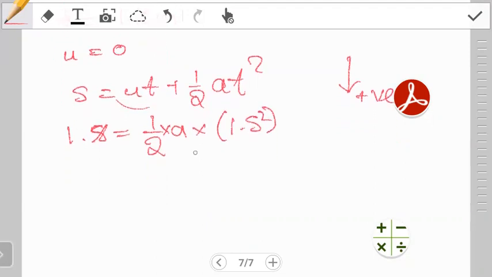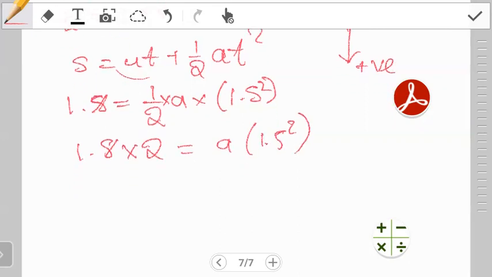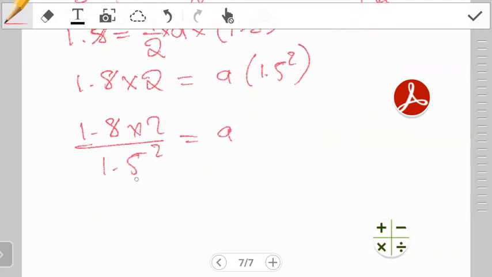So the 2 multiplies this side, and we have 1.8 times 2 equal to a times 1.5 squared. Divide both sides by 1.5 squared, and we end up with 1.8 times 2 over 1.5 squared is equal to a. When you work this out, you see that acceleration is equal to 1.6 meters per second squared.